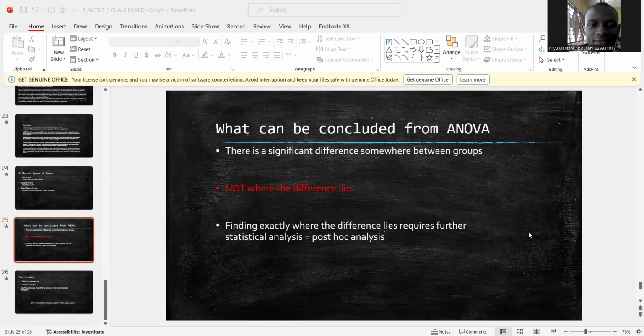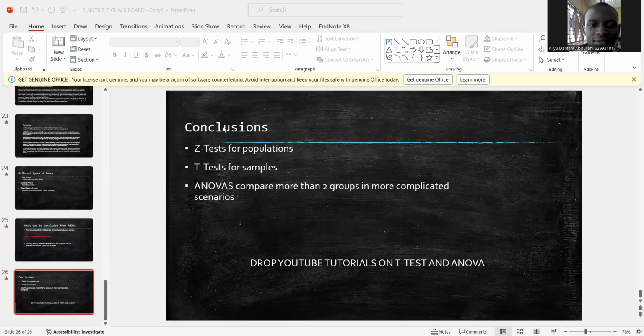If I have the time, I'll do a video demonstrating this on SPSS. You can read more about this, right? So, conclusions from this slide: the Z-test is mainly, in most cases, used for population statistics, the t-test for samples, and ANOVA to compare more than two groups in more complicated scenarios.